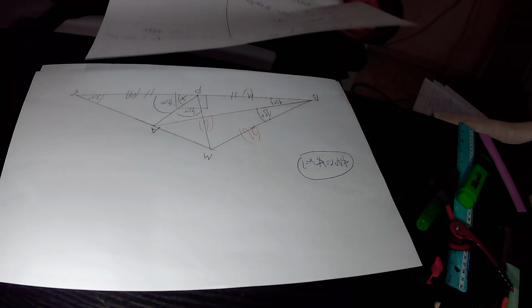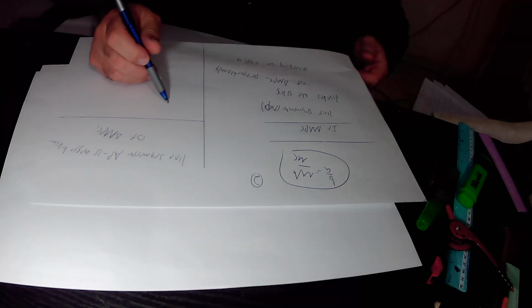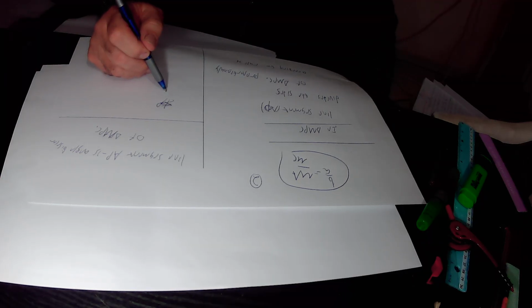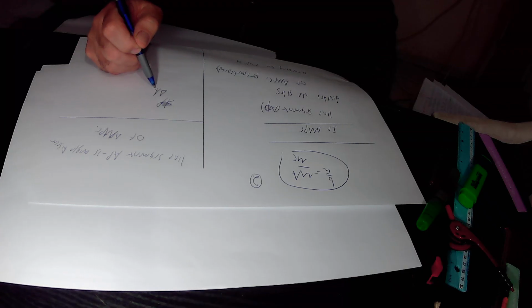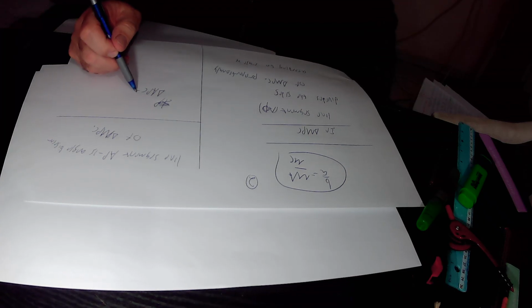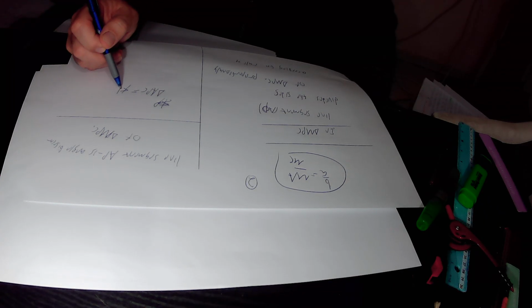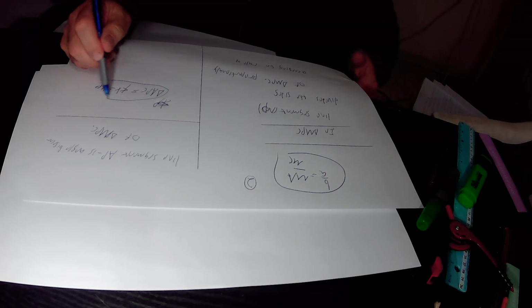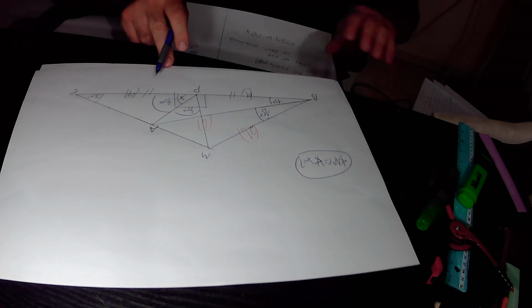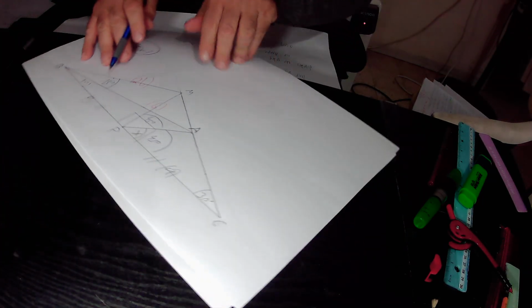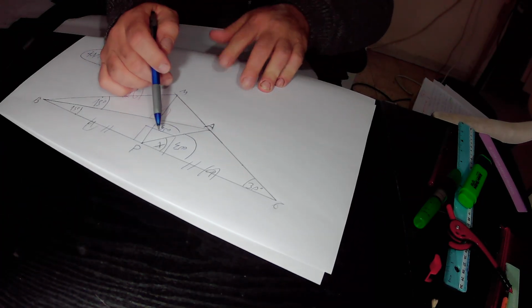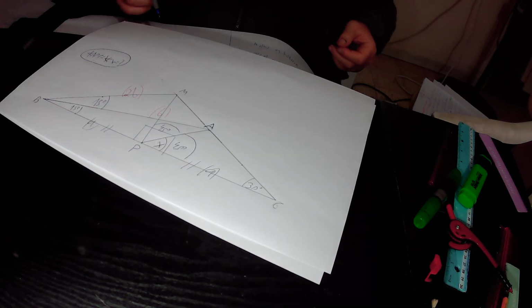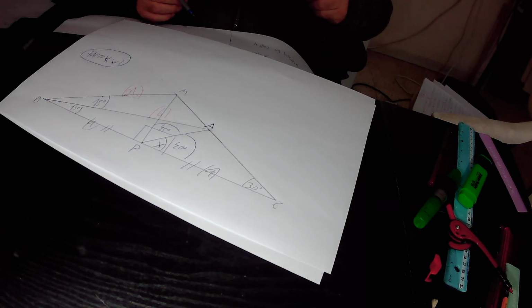In total, we found out that the missing angle APC, also defined as angle X, equals 45 degrees. So that is the answer to the first question.